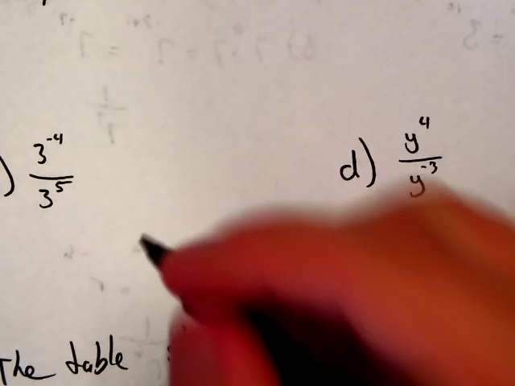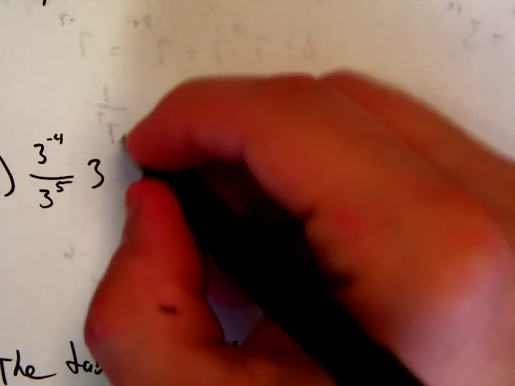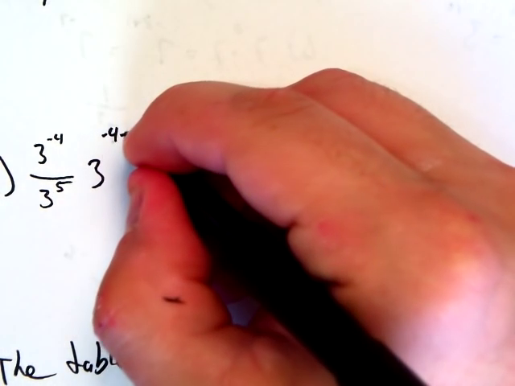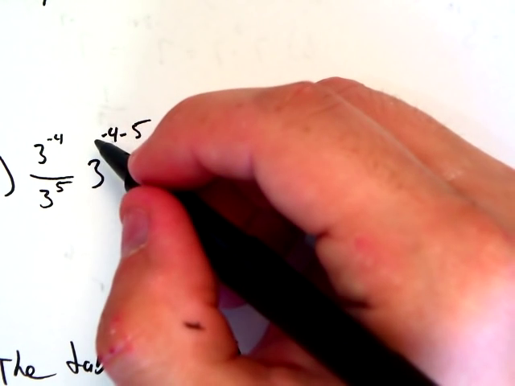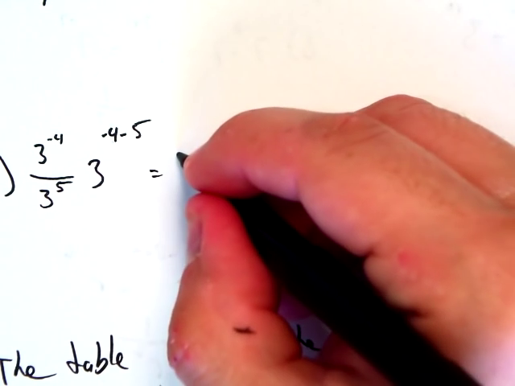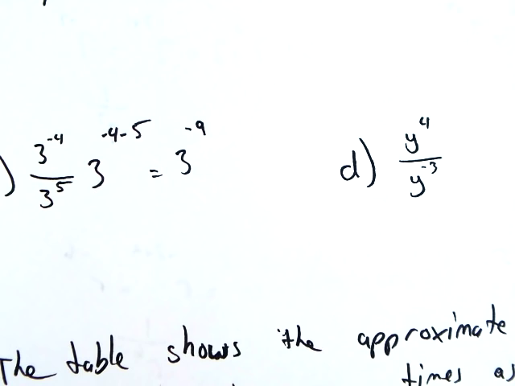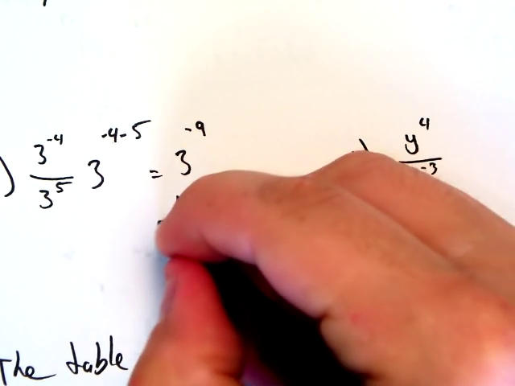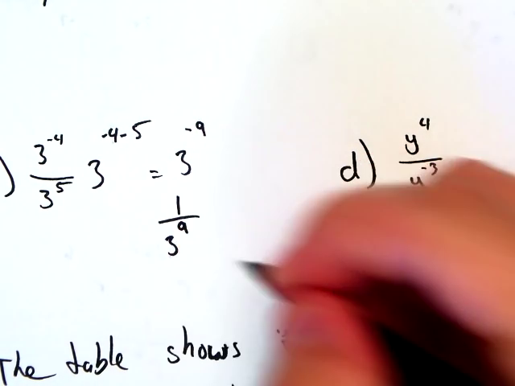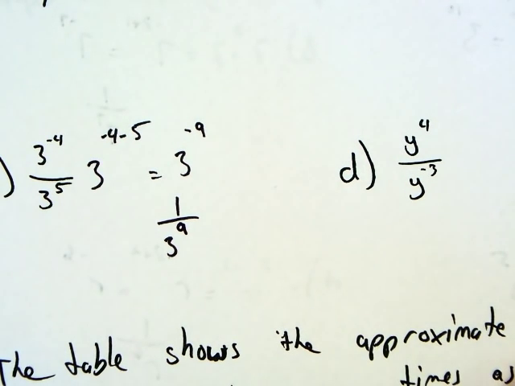Letters C and D, don't get scared of the negative signs. This is still going to be 3 to the negative 4 minus 5. Subtract the exponents. This is now 3 to the negative 9th power, which should also be 1 over 3 to the 9th.